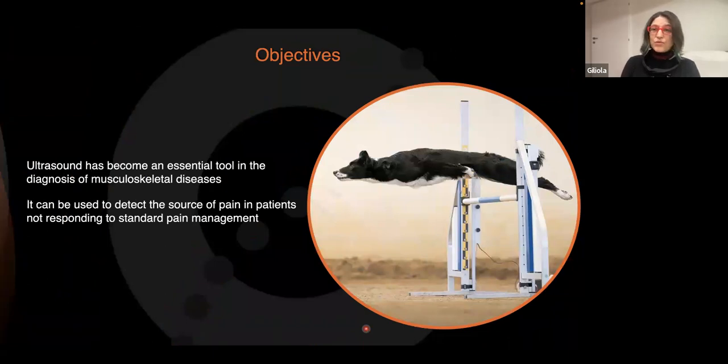I'm going to show you how we can use ultrasound and all other diagnostic imaging modalities to try to understand what we need to treat.